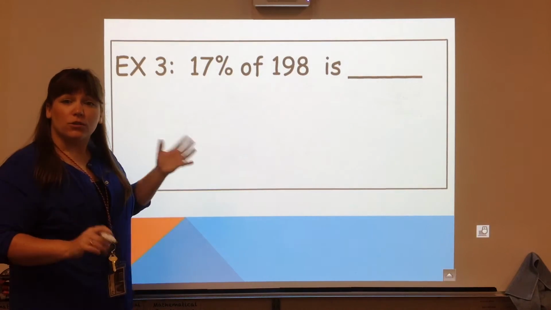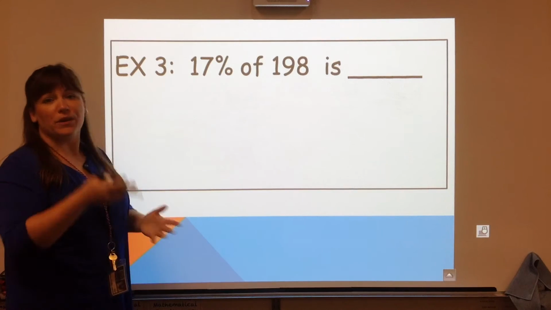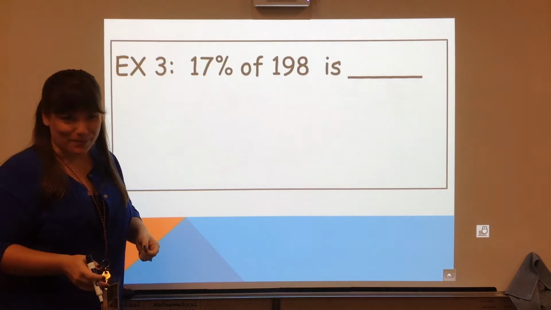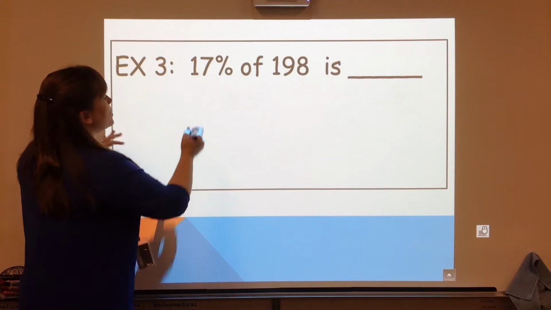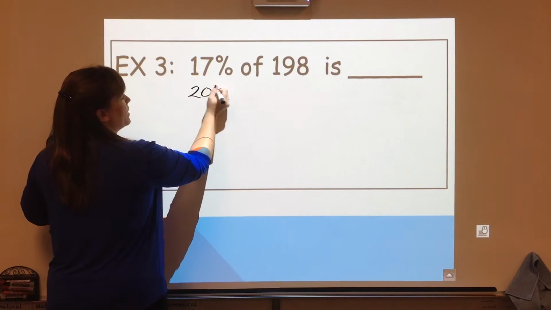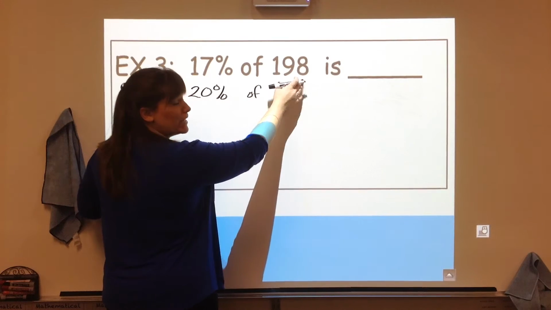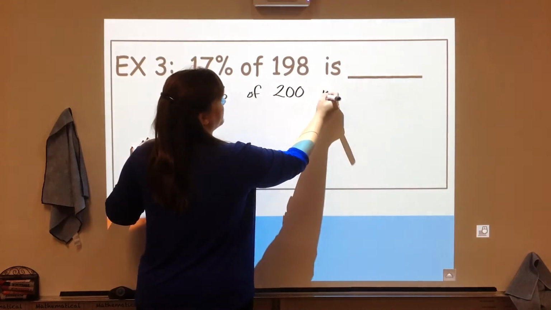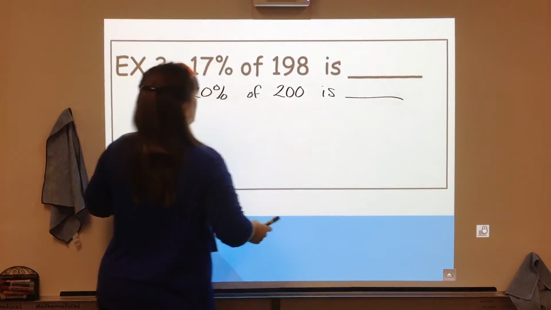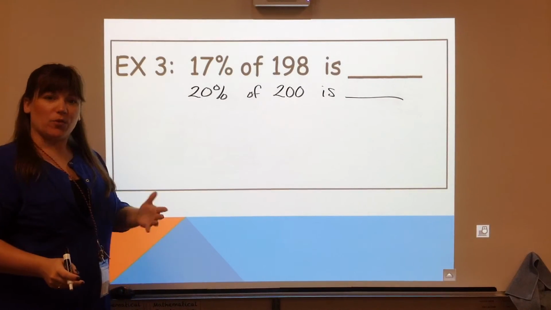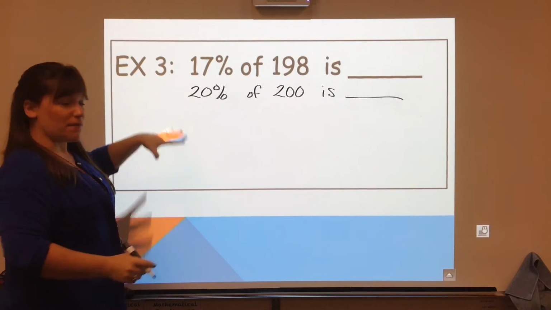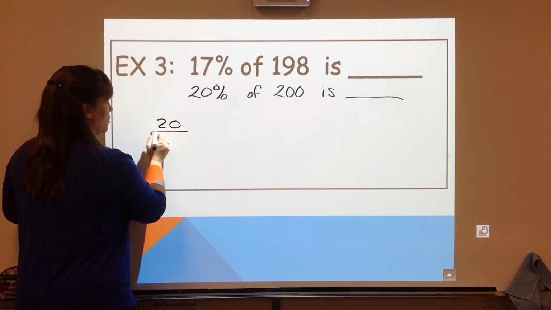So I'm going to go back to the proportions to try example 3, and then I'll do a mental math one for example 4. So I'm going to change 17% to 20% of, and I'm going to change 198 to 200 is what? If I'm doing a proportion, I'm going to write this as a fraction, 20 over 100.